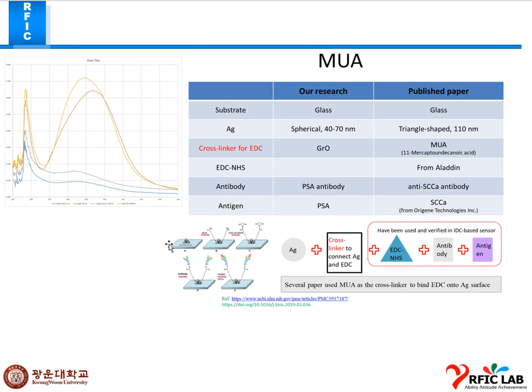We go with the MUA because the MUA size is approximately 110, so we just dilute it and minimize the surface area. Then we easily penetrate the pore surface with the MUA chemical, and then we follow the same steps that we already explained to you in the last slide.